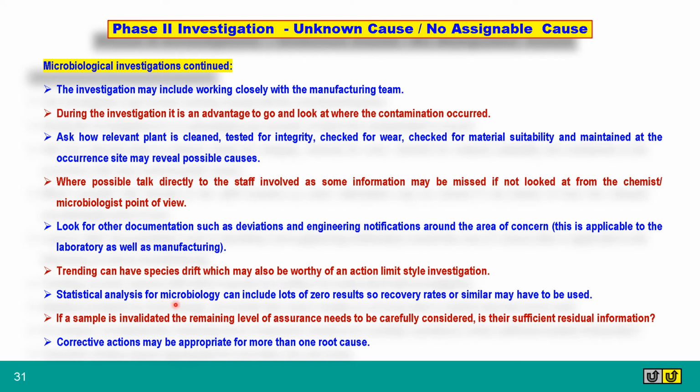Statistical analysis for microbiology can include lots of zero results, so recovery rates or similar may have to be used. If a sample is invalidated, the remaining level of assurance needs to be carefully considered. Is there sufficient residual information? Corrective actions may be appropriate for more than one root cause.